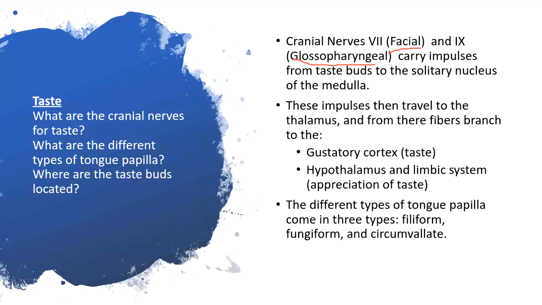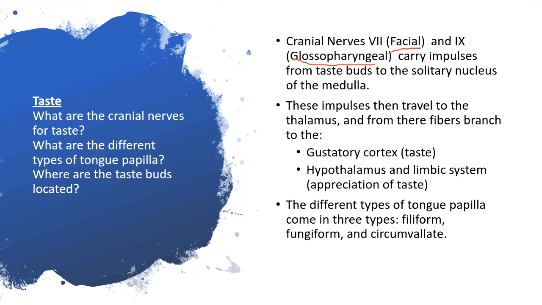What are the different types of tongue papilla? And then where are the taste buds located? So let's talk about the papilla on the bottom. Actually, first, let's continue with the cranial nerves. Okay, so these cranial nerves, number 7, the facial and the glossopharyngeal, they're activated. These impulses travel to the thalamus.